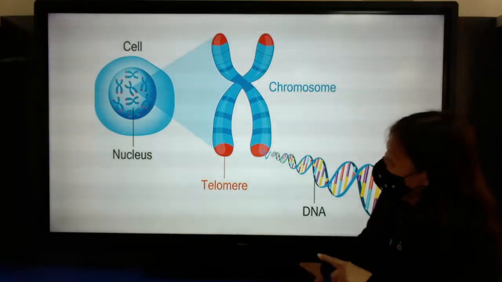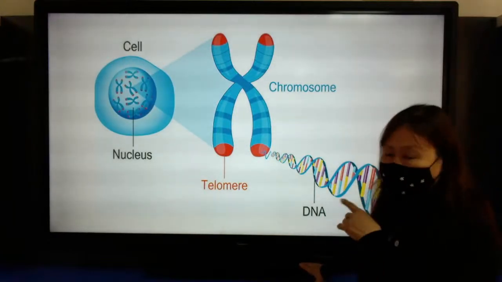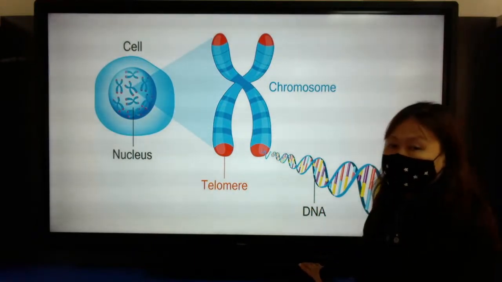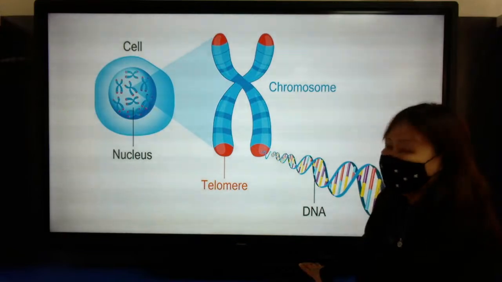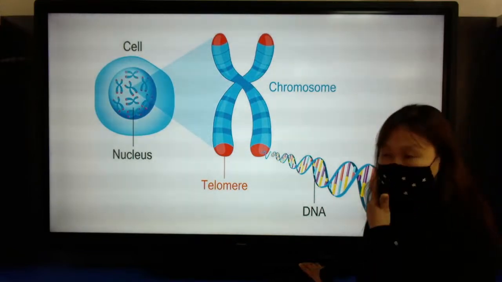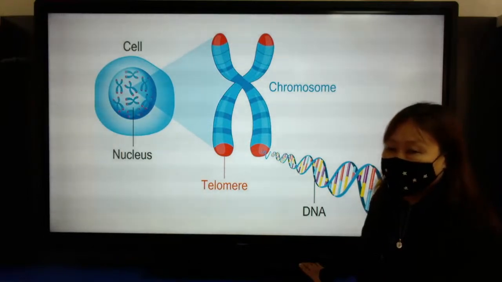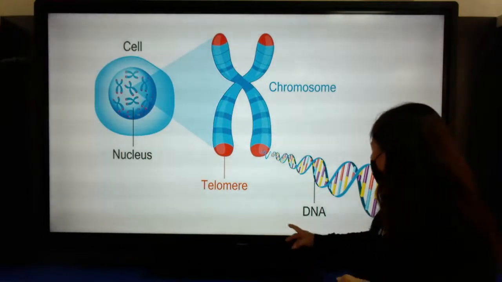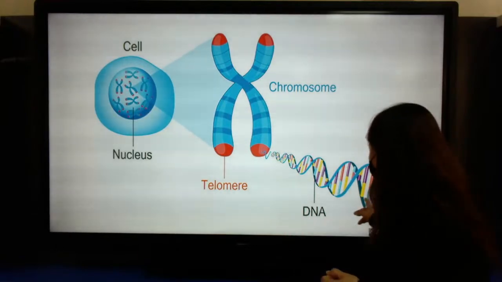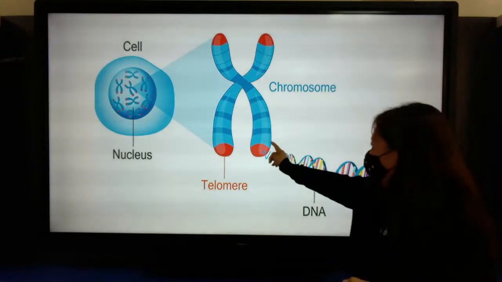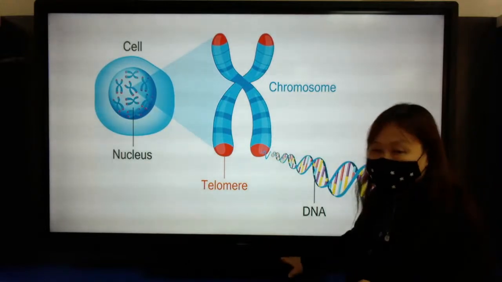Okay, so this is the one that I'm talking about. You have there the cell, you have the nucleus, and inside the nucleus you can find the chromosomes. And chromosomes are made up of tightly packed DNA molecules. So you will see here, this is the DNA molecule, and it is wrapped around the protein.